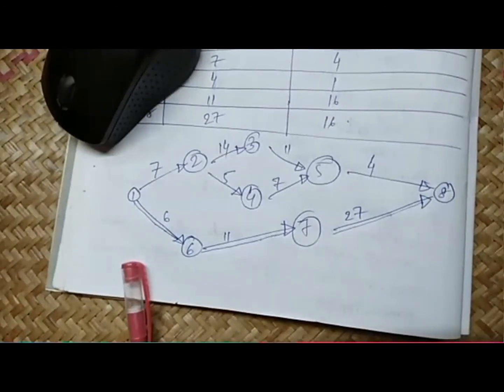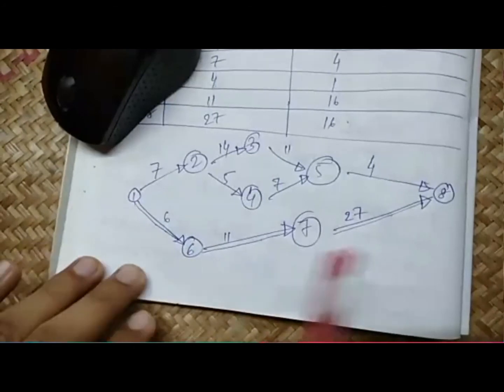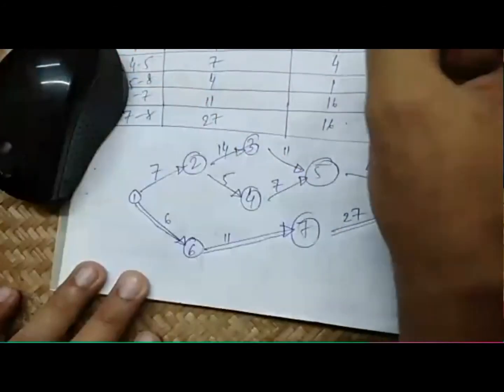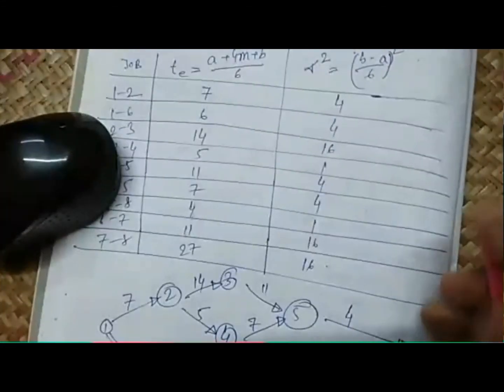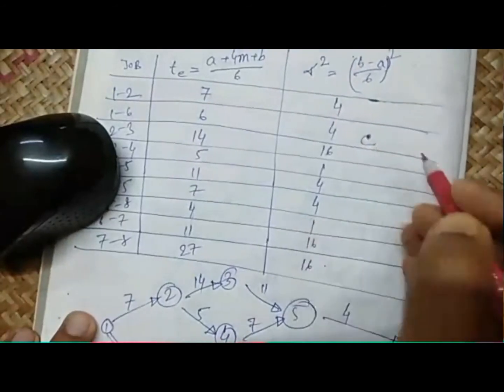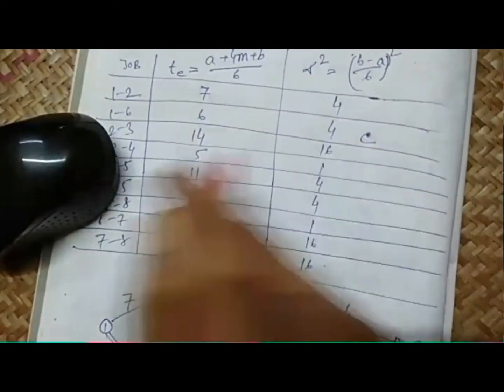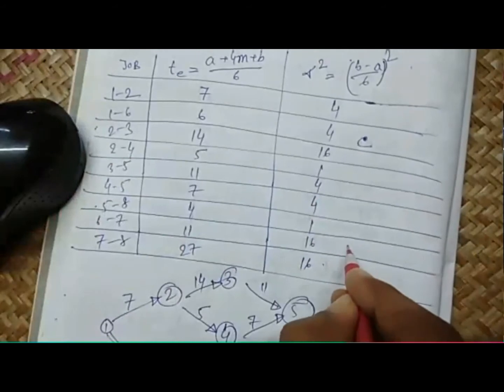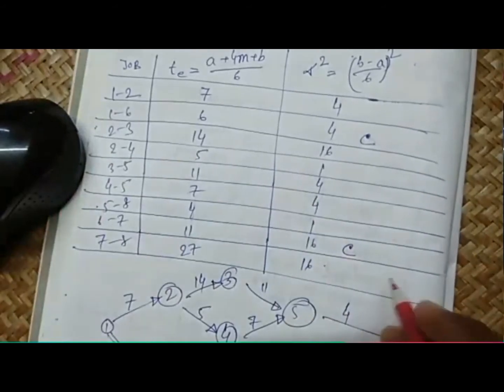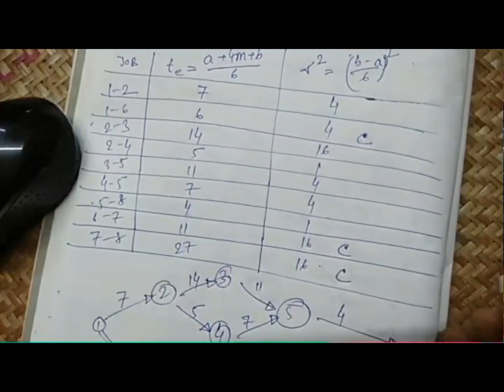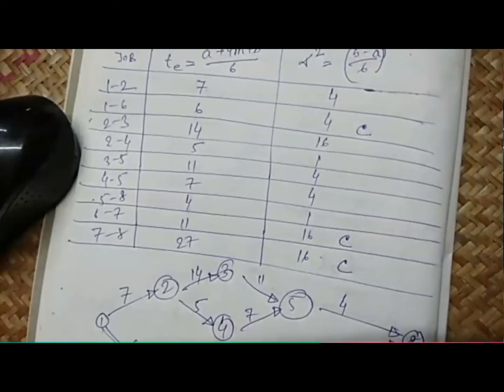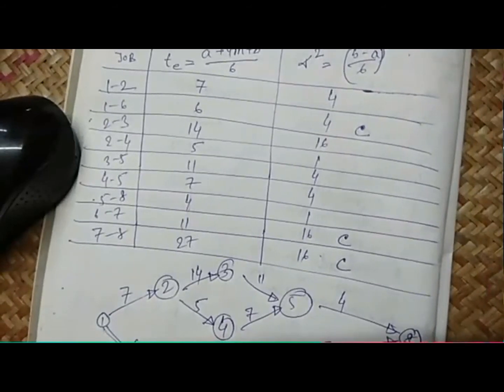Okay, so now you mark 1-6, 6-7 and 7-8 as your critical activities. So three activities lie on the critical path.